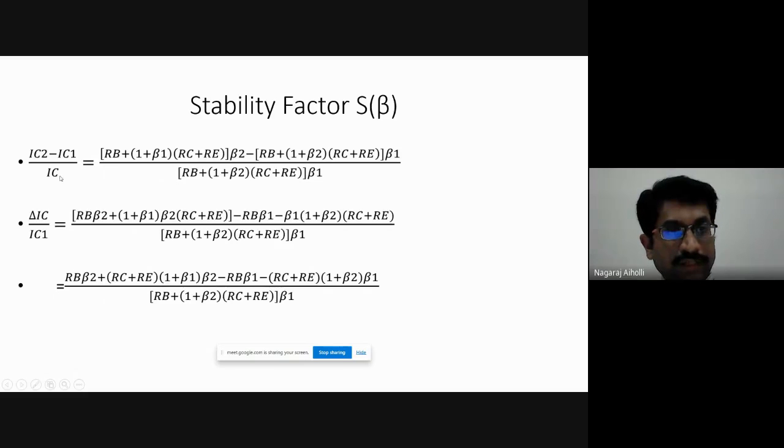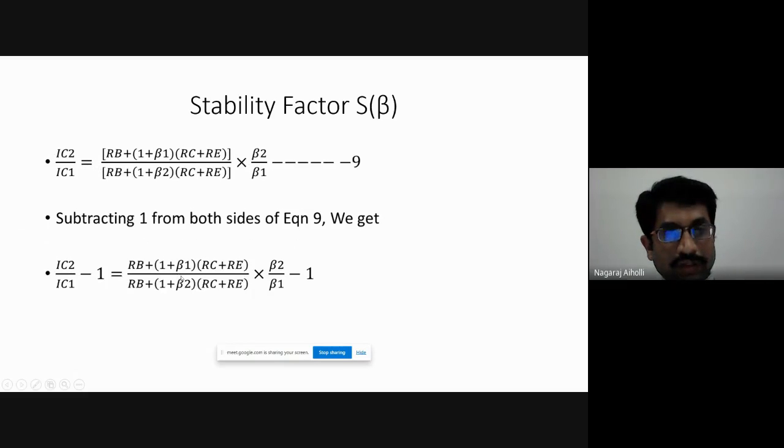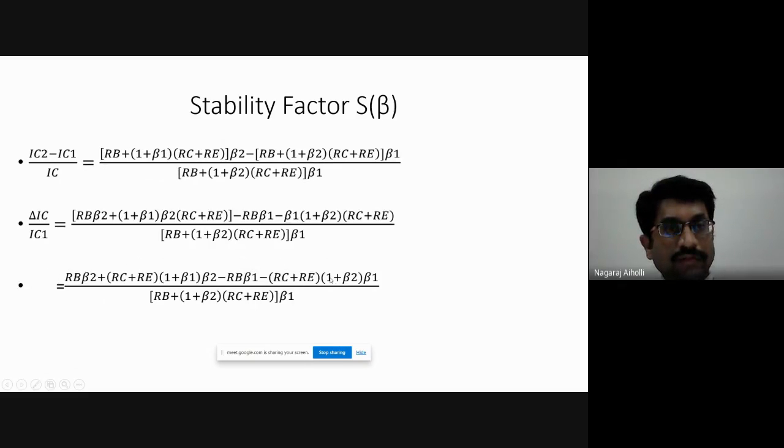That is equal to, now what is the LCM here? [RB plus (1 plus beta 2) into (RC plus RE)], the whole multiplied by beta 1. This is the LCM. This will get multiplied with this 1, correct? Because it is the LCM. Then what we get?